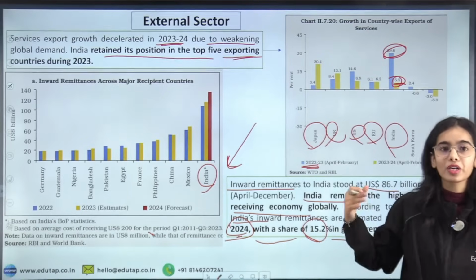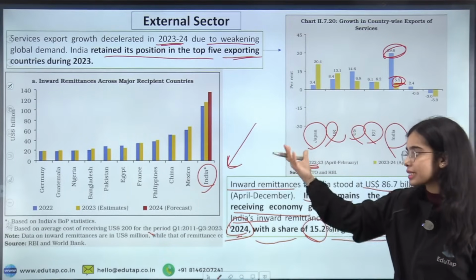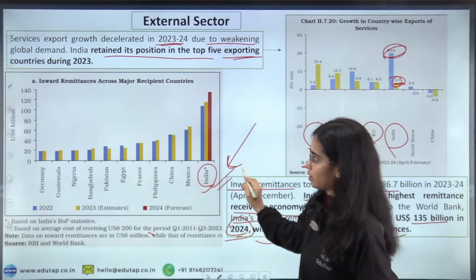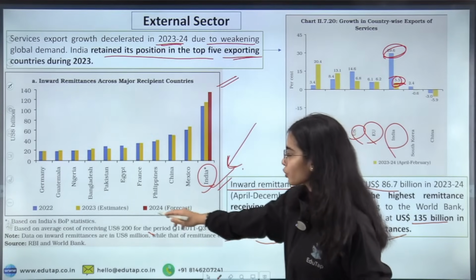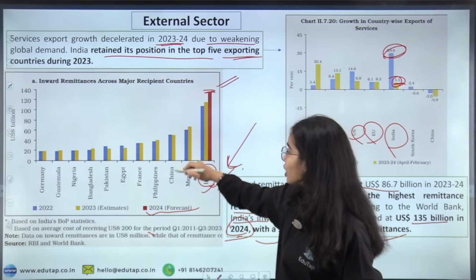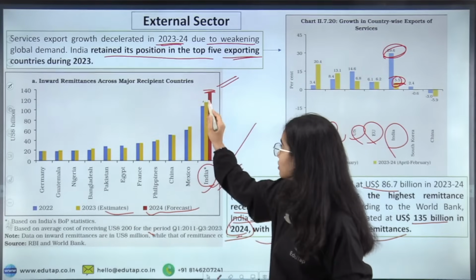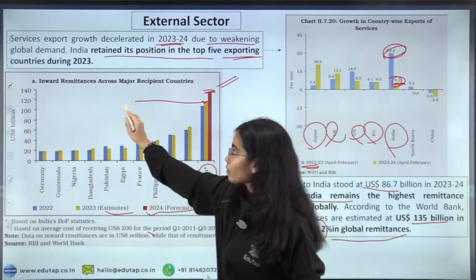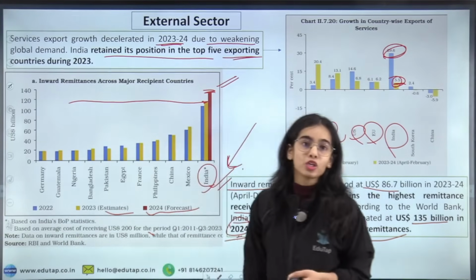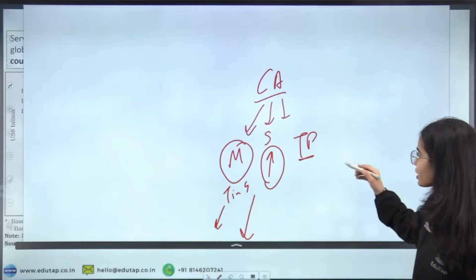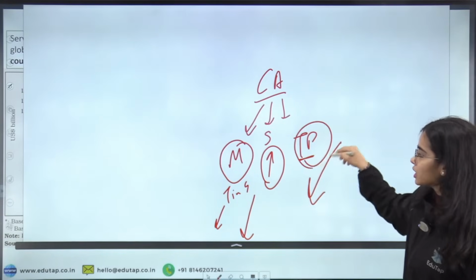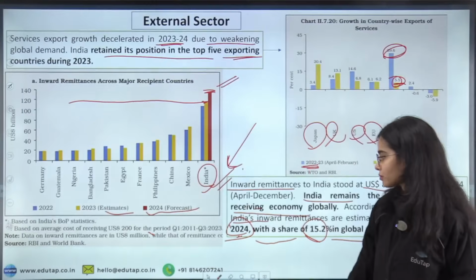So you can understand that we are one of the highest remittance receiving countries in the world. This is the forecast for 2024. In 2023, we received the highest remittances. The inward remittances were very high. That's why the transfer payments were good for our country.